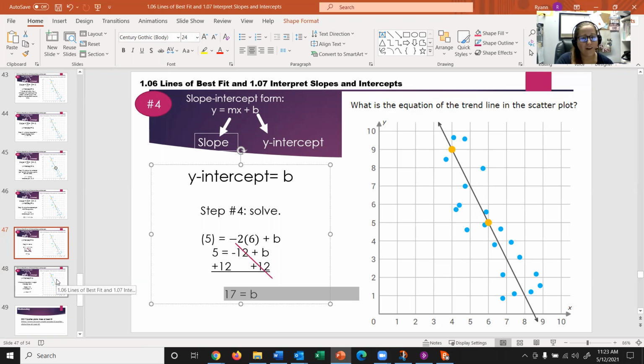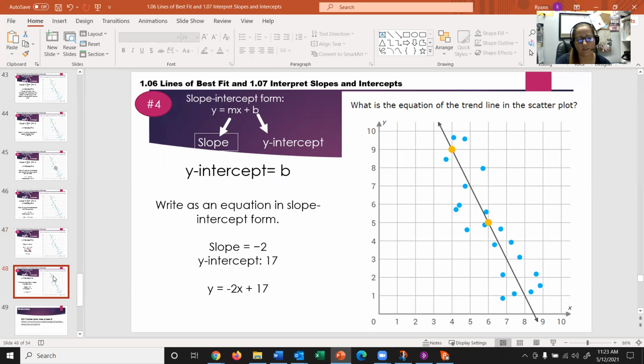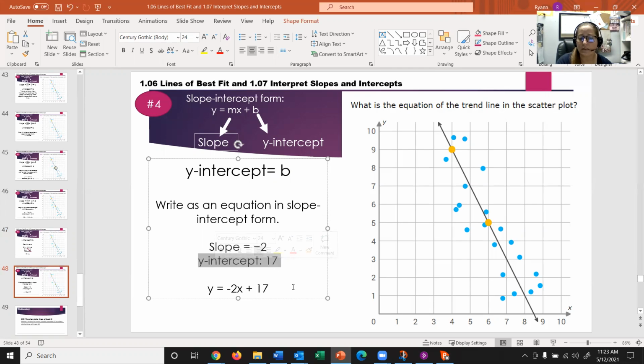So now that we have all of the parts of this trend line, we're going to go back in and plug these numbers into the slope-intercept form, and that's going to give us our final answer. So we know that our slope is -2. We know that our y-intercept, or our B, is 17.